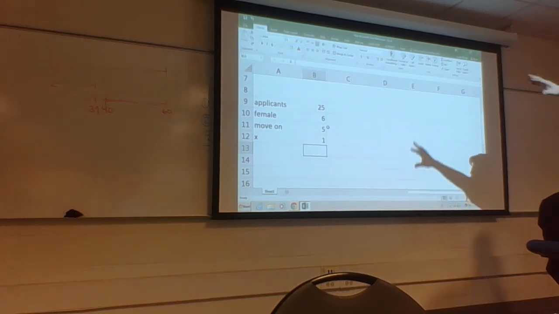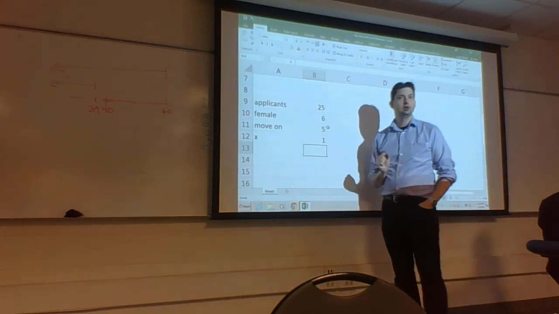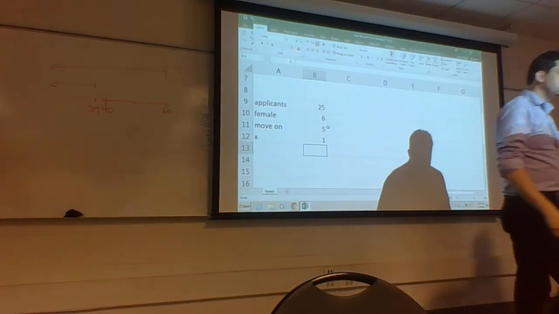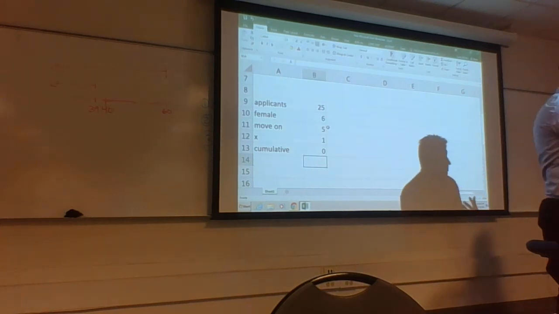Now note also, this has to be hypergeometric. Why does this have to be hypergeometric? When one moves on, that person can't move on again. Yeah, exactly. There's no replacement.